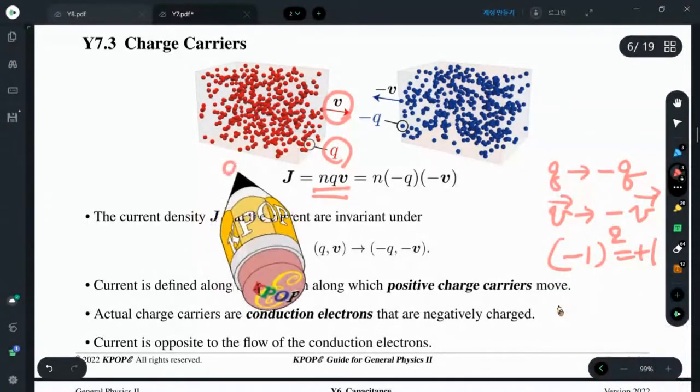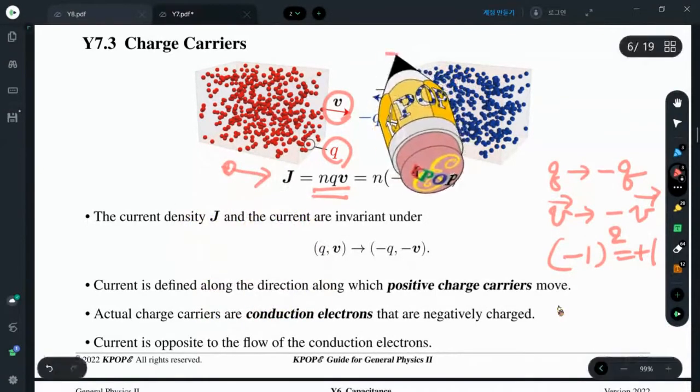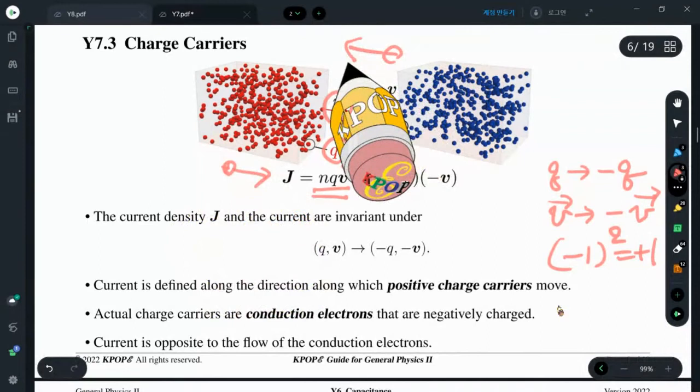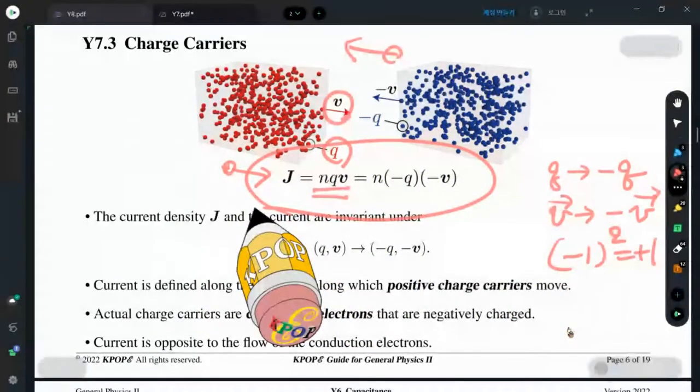Therefore, a positive charge flow and a negative charge flow in the opposite direction, with the same magnitude but opposite charge, make no difference between the two situations. That's one of the reasons why the mistake was made. Benjamin Franklin made a mistake: he fixed a positive charge for the current flow, which is opposite to the actual charge carrier, now called the electron.